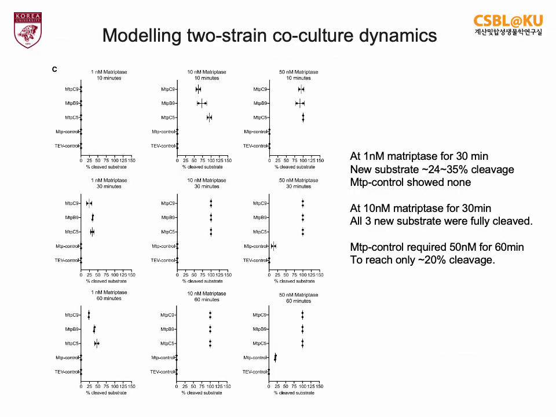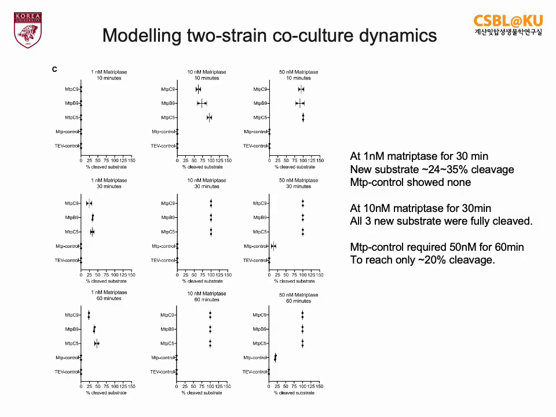The band intensities from the SDS-PAGE were quantified in ImageJ to calculate percent cleavage. At 1 nanomolar matriptase for 30 minutes, the new substrates achieved 24 to 35% cleavage, while the control showed none. At 10 nanomolar for 30 minutes, all 3 new substrates were fully cleaved.